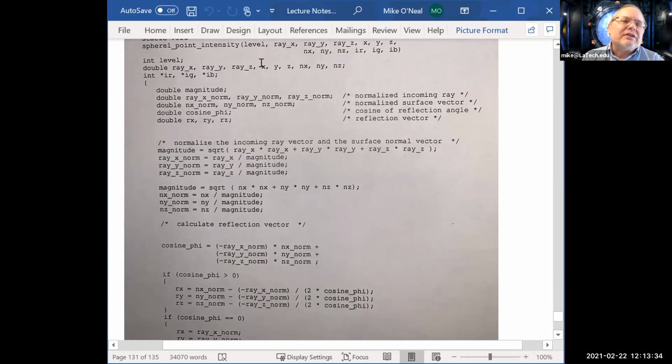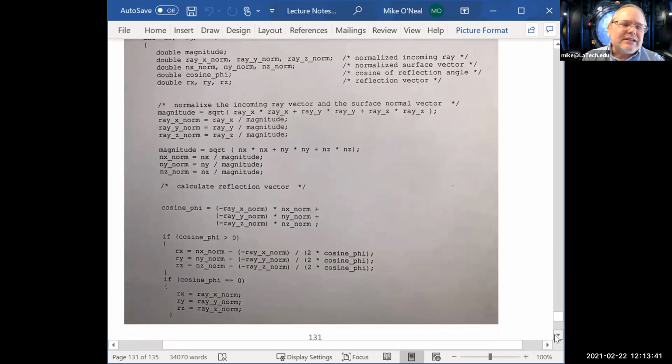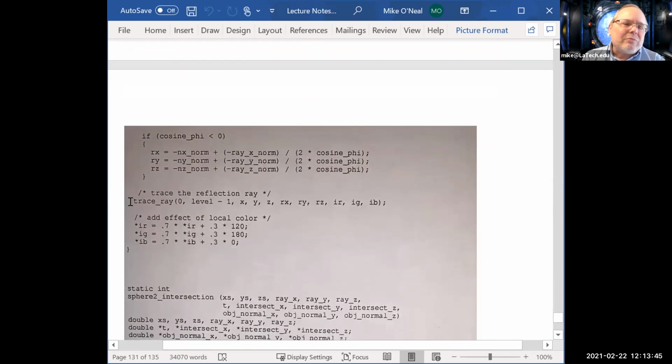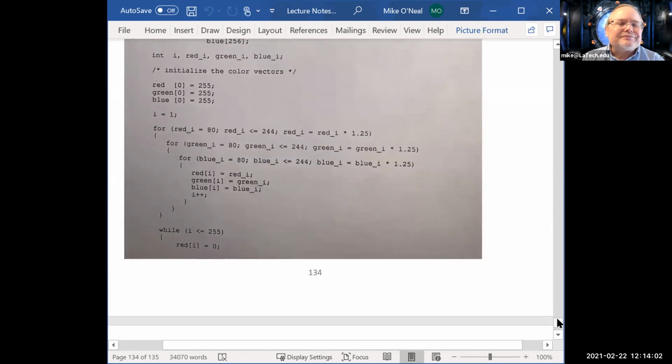This is getting the reflection vector here, because to get the intensity, I have to call my trace ray recursively on the reflected ray, and then once it returns, I can add in the effect of local color to the returned color that came from the trace ray. And I do that for 2 different spheres there. And that's really about it.